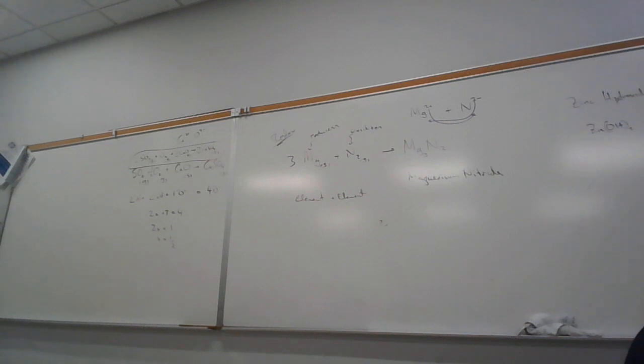This one should be called sulfic acid, but sulfic acid doesn't sound right. They call it sulfuric acid, so they add a little bit here. Technically it should be sulfic acid, but we call it sulfuric acid. So zinc hydroxide plus sulfuric acid.